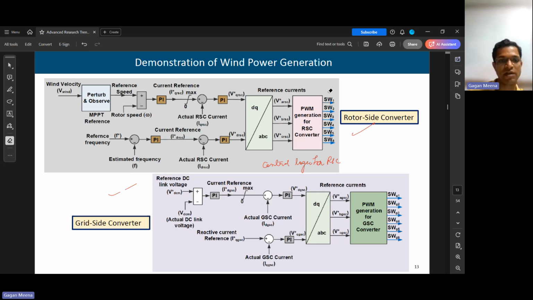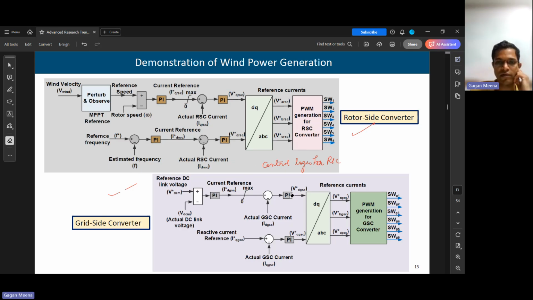Similarly, we have the grid side converter where the reference DC link voltage is compared with the actual DC link voltage and passed through the PI controller to get the current reference, which is compared with the actual grid side converter current.